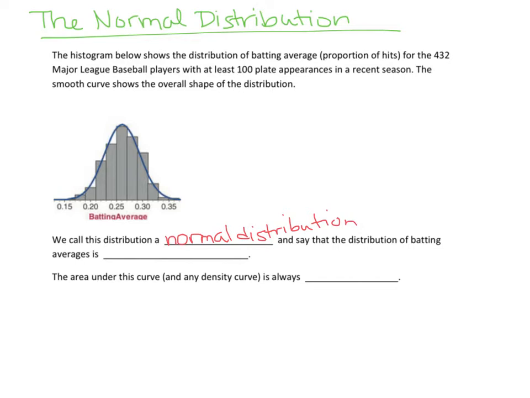And you'll find that many things in nature and other things like batting averages follow this distribution. And the other thing that we like to say is that the distribution of batting averages is approximately normal.